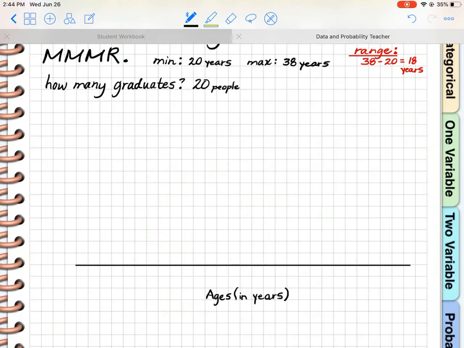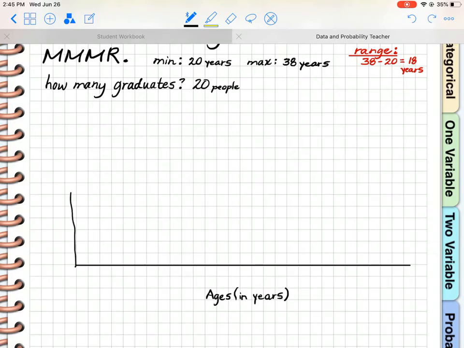And I'm just going to pick some intervals here that will break up my graduates into groups. So let's go ahead and start maybe right there. Let me make that a little bit wider, guys. I'm sorry. Actually, let me go ahead and put the vertical one in, and that'll be a little easier.